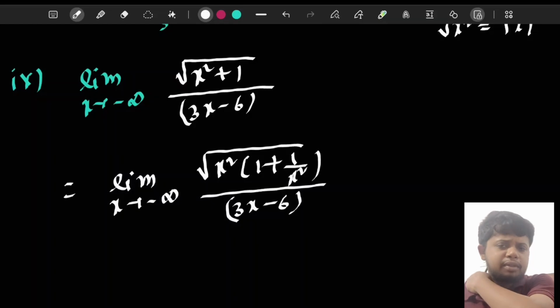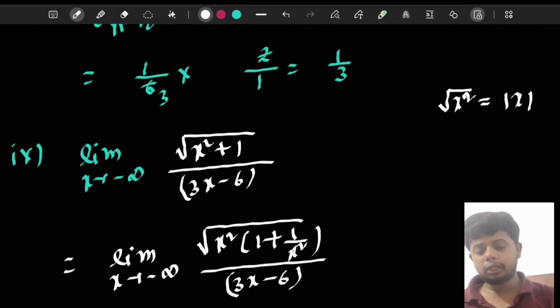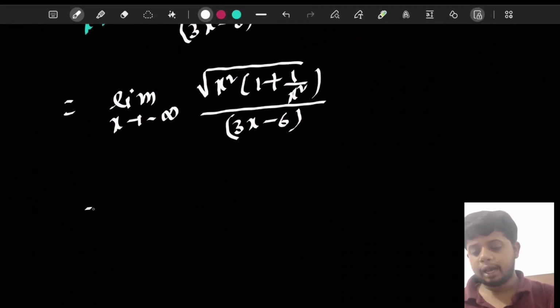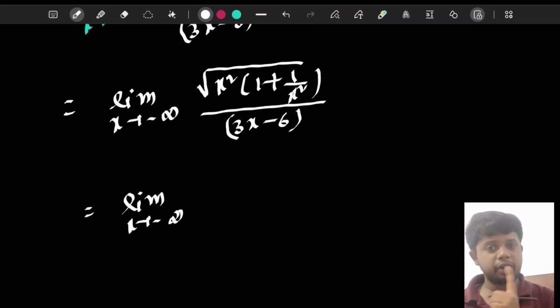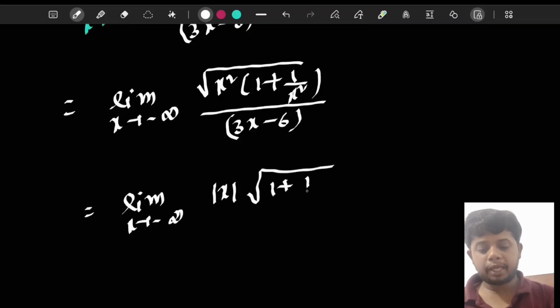Okay, you'll say yes sir, understood. Now this x square will go outside and I'm getting limit x tending to minus infinity. Large number from left side. Yesterday only you have discussed large number from the left side. Then this will come mod x under root of 1 plus 1 by x square upon 3x minus 6.